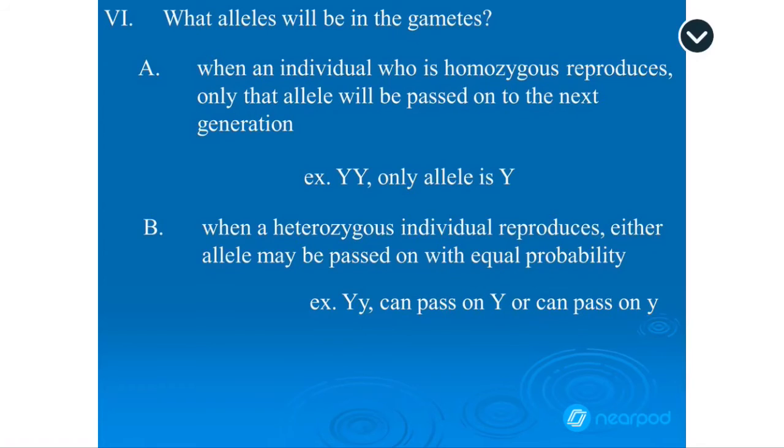Again, hetero means different, so they have 2 different alleles, big Y, little y. Either one's going to be passed on with equal probability. One of the mistakes that students make sometimes is that, oh, there's a dominant in the parent's genotype, so the dominant will always be passed on. No, it's just like flipping a coin. One or the other will end up in the gametes, and so we need to use some kind of process of modeling this random probability.